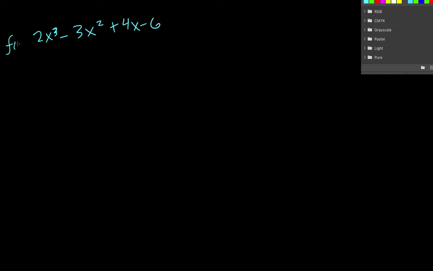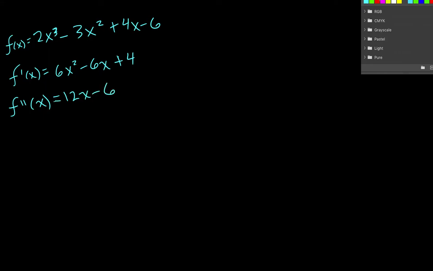So if we call this f of x, we find the first derivative, and we get 6x squared minus 6x plus 4. Then we find the second derivative by taking the derivative of f prime. We end up with 12x minus 6.